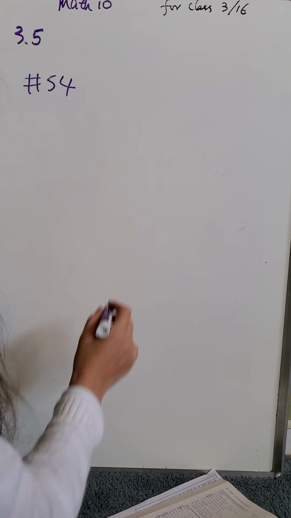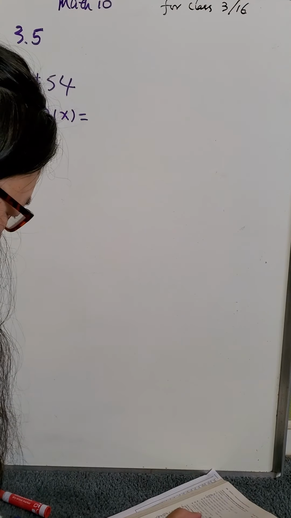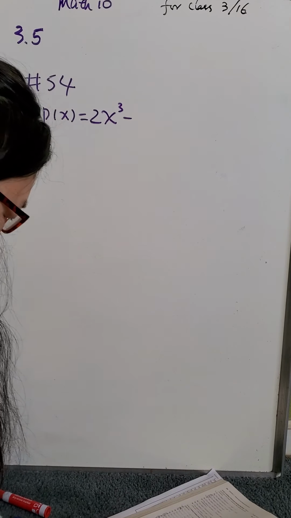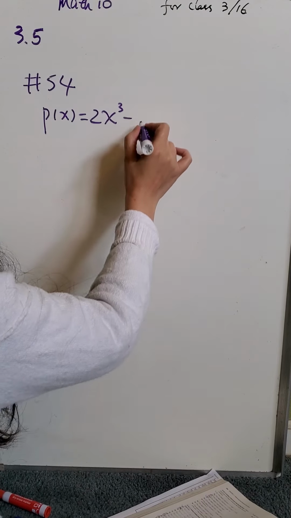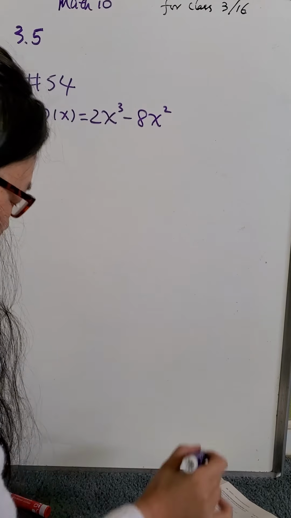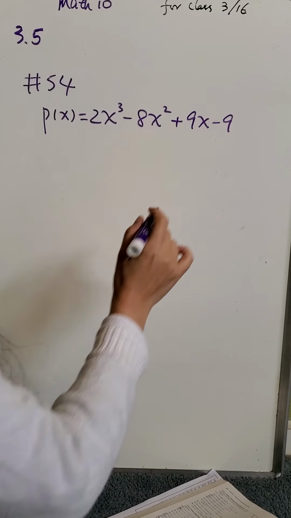We have here f of x equal to 2x cubed minus ax squared plus 9x minus 9.